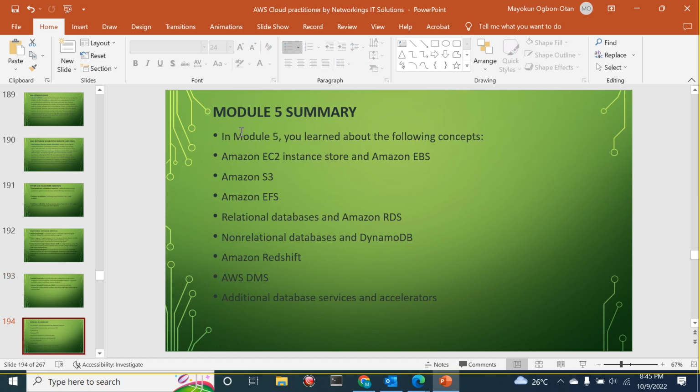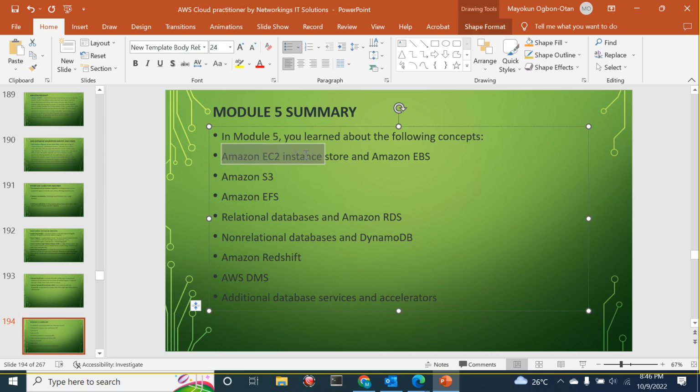Module 5 summary. In Module 5, we have learned the following concepts: Amazon EC2 instance stores and Amazon EBS. We discussed what an instance store is: the kind of storage that is attached to an EC2 instance when it is created, and it has the same lifespan as the EC2 instance.